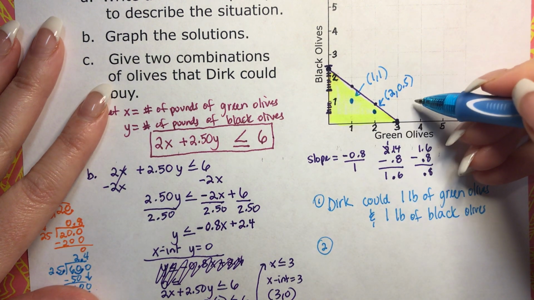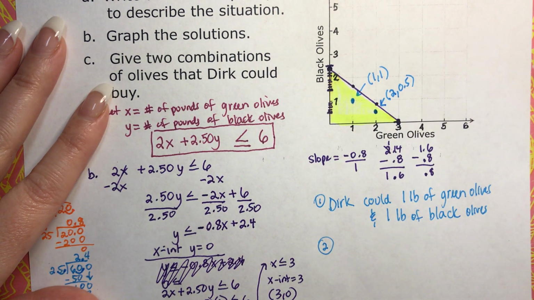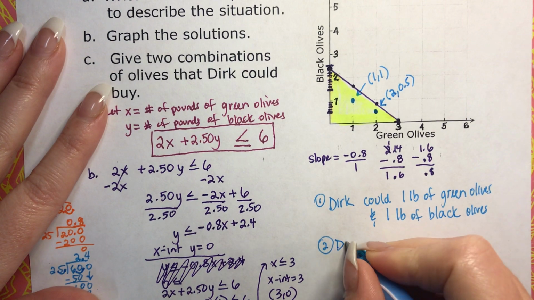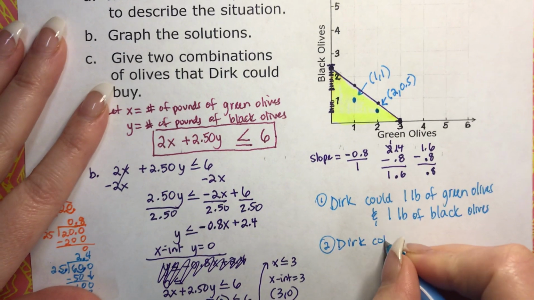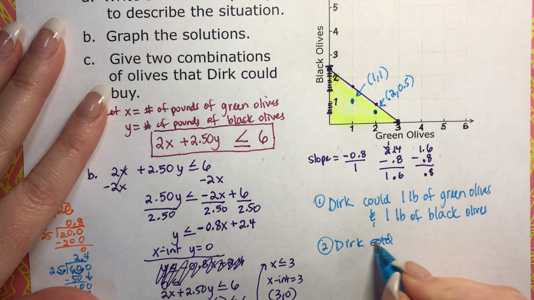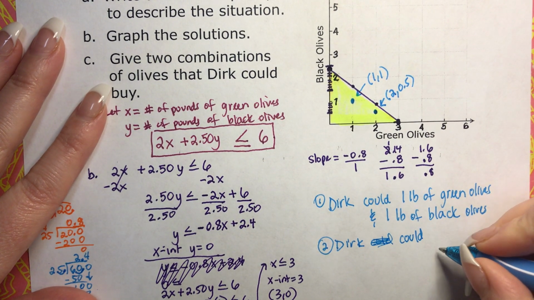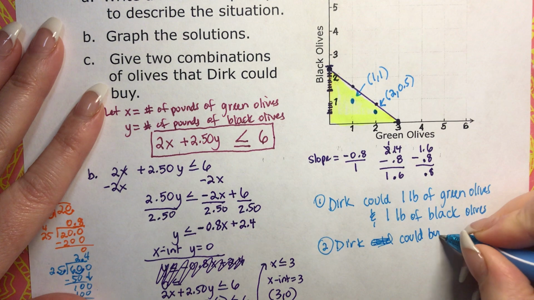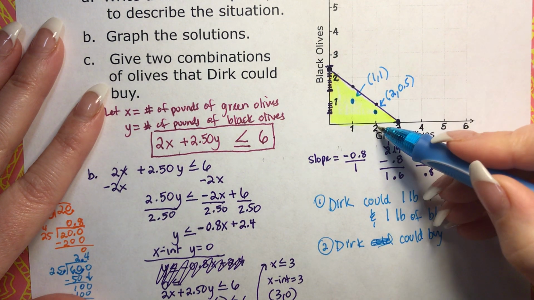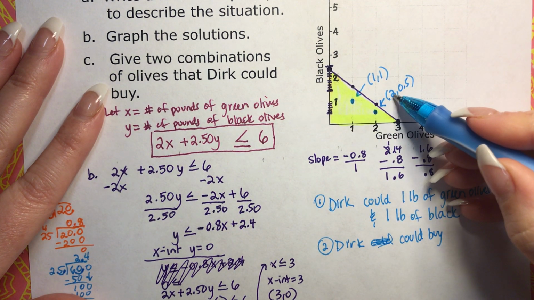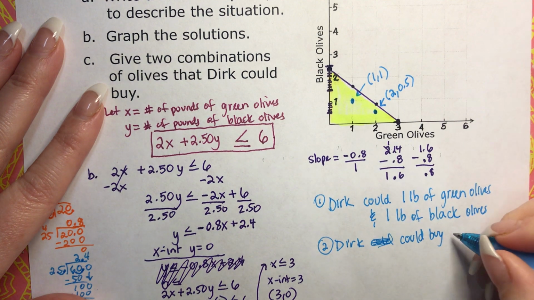So that is also another solution, that Dirk could buy 2 pounds of green olives, right? Because our x is talking about green olives.